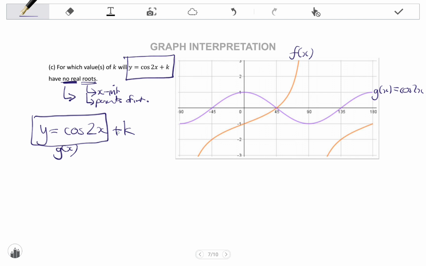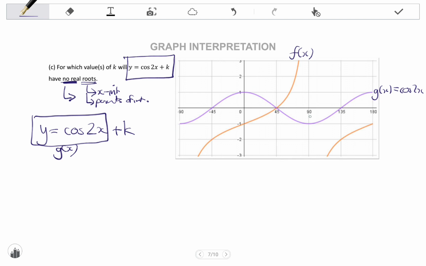So k is a constant. If I add or subtract a value, the effect that it has on this graph is that it moves it up or down. Okay, so we want to know the values of k that would cause our g of x function to have no x-intercepts.